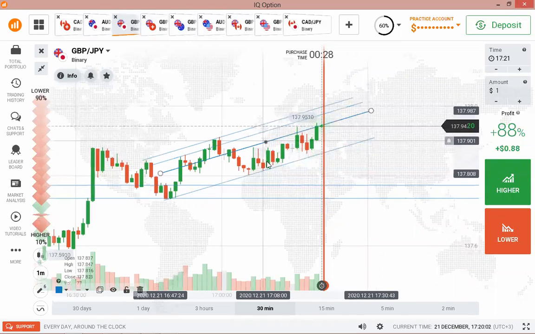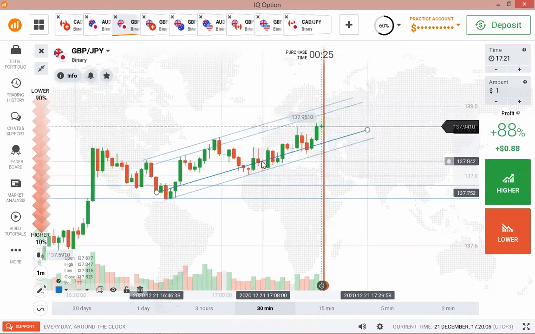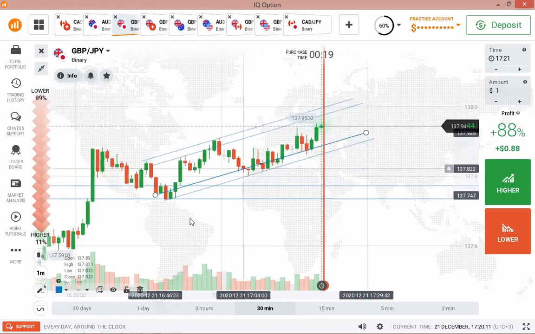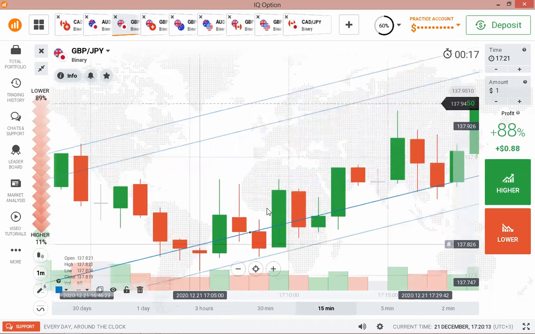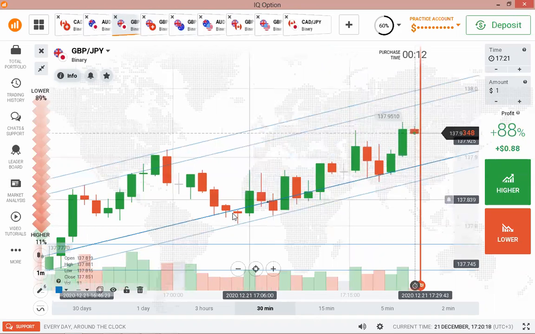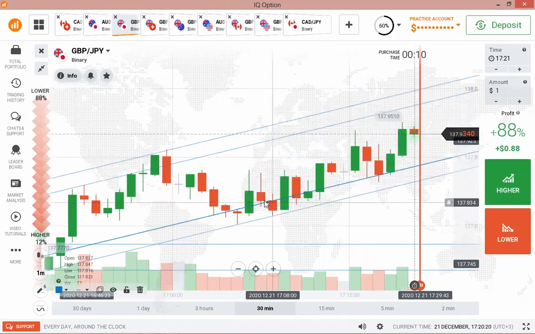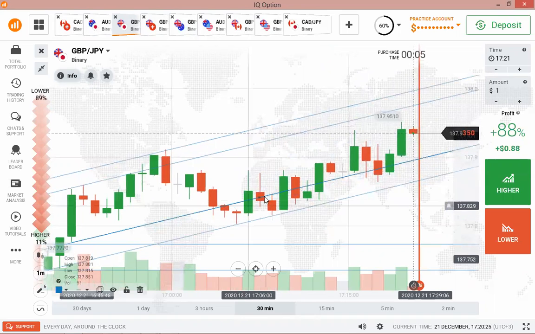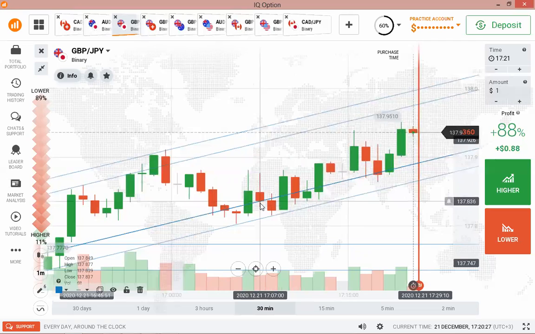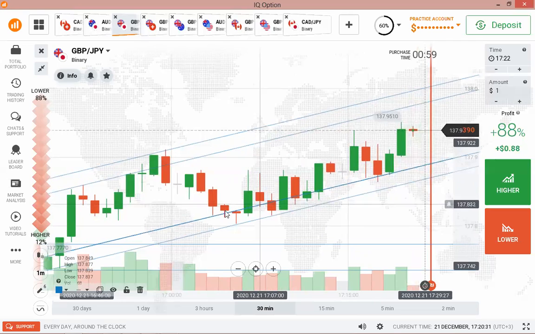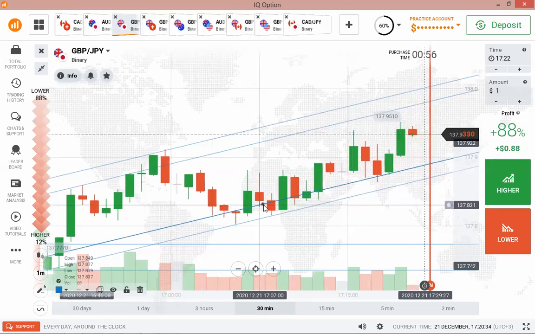Support area should be somewhere here. I want to make sure that all the red candles are inside here before the market reverses. I'm drawing the second line in favor of the last red candle, because if this candle is below the line and the market still did not reverse, my area is not drawn correctly.